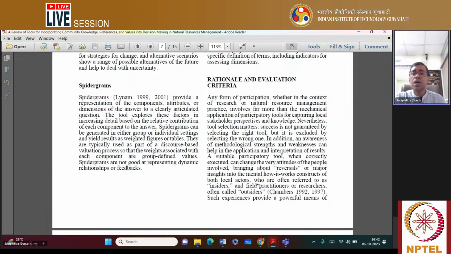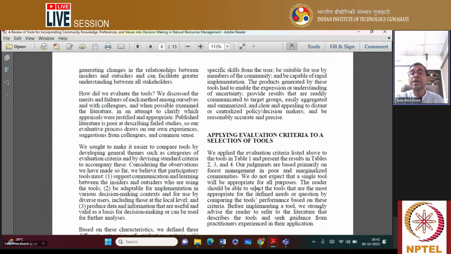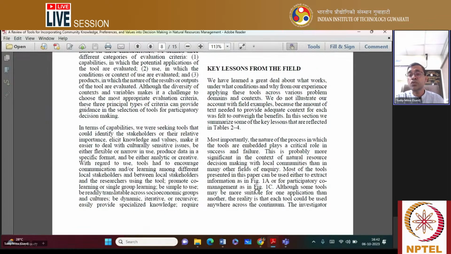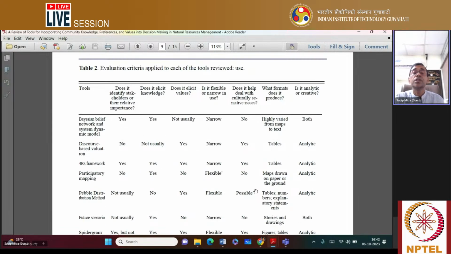And also, as I said, if you want to apply some of these tools for a decision making process in your own area, then you first need to find out the setup criteria. In your region, what kind of natural resources are you going to target or work for, and the requirement of the community.